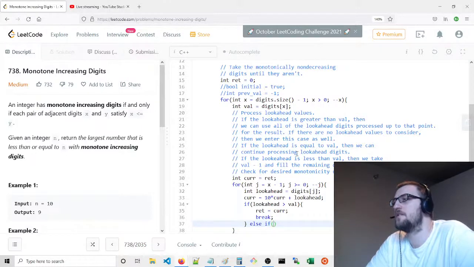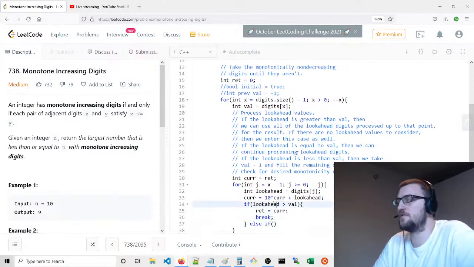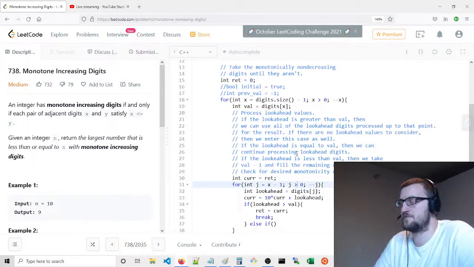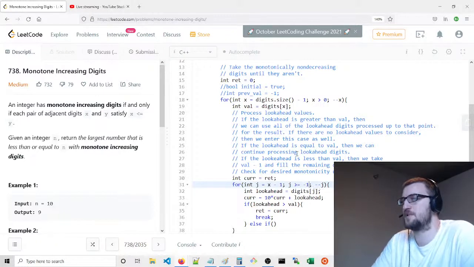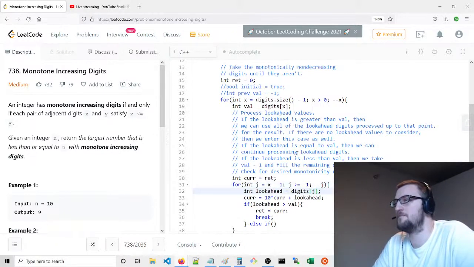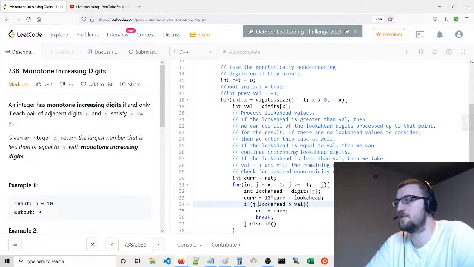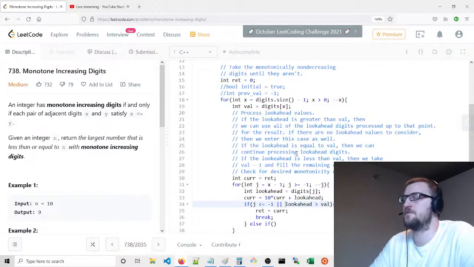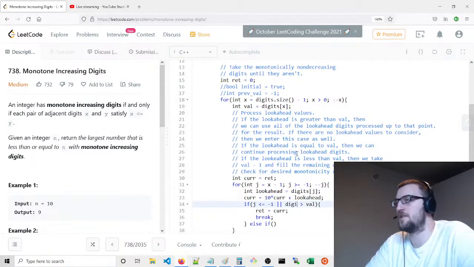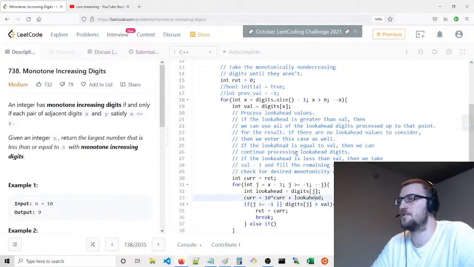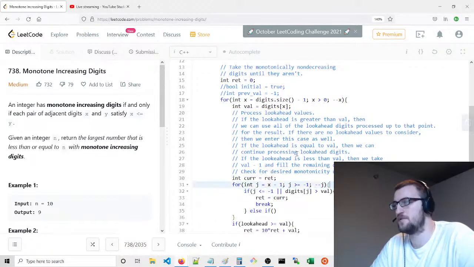Well, we can do greater than or equal to -1, let's say. Well, okay, so if we say less than or equal to -1, or digits of j, yeah, we'll do it this way.